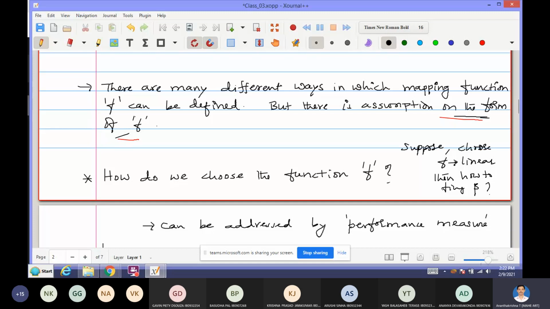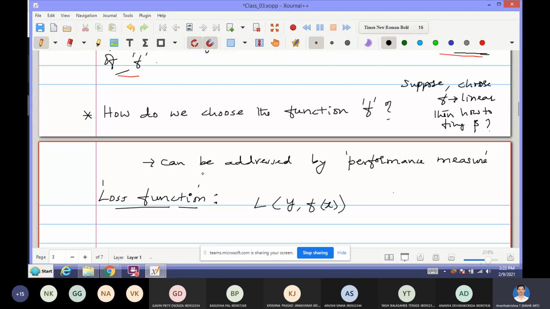We require what is known as a measure, a metric. We call it a performance measure. To address that, first we have to make clear what our performance measure is. The performance measure is also called a loss function. The loss function compares the predicted output with the true output.